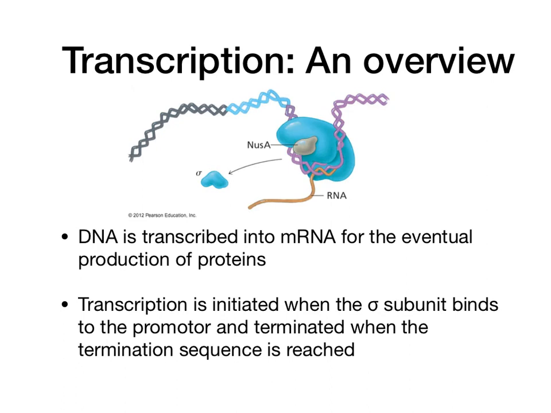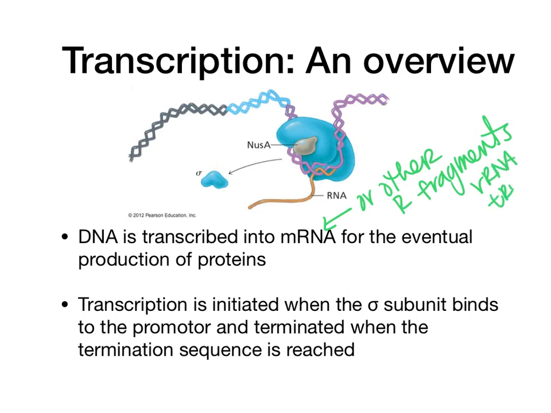So as a reminder, the transcription overview: we have DNA that's transcribed into mRNA or other RNA fragments, such as rRNA or tRNA. And so transcription is initiated when the sigma subunit binds.